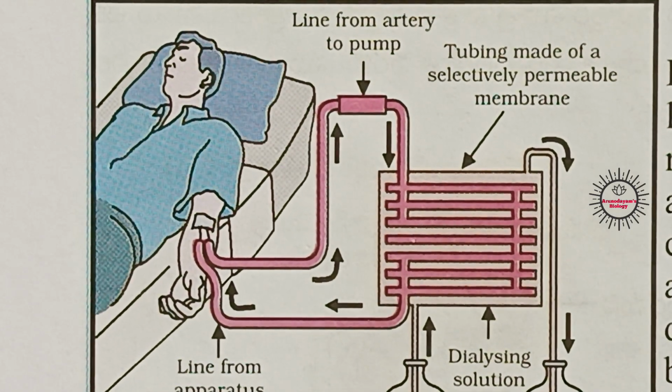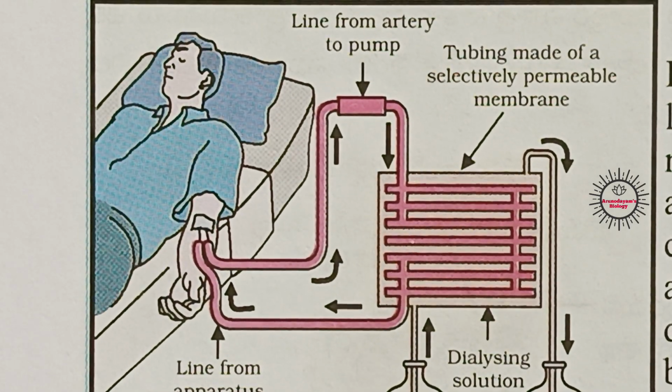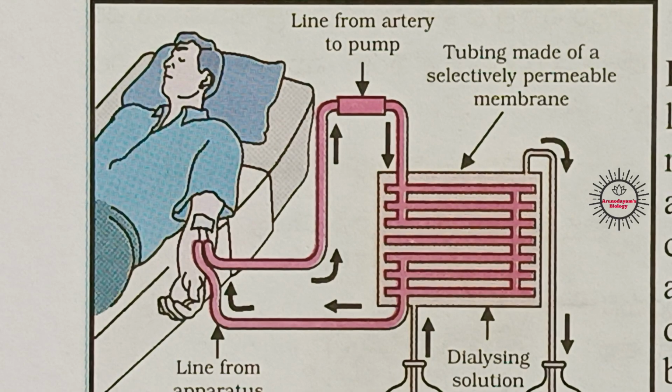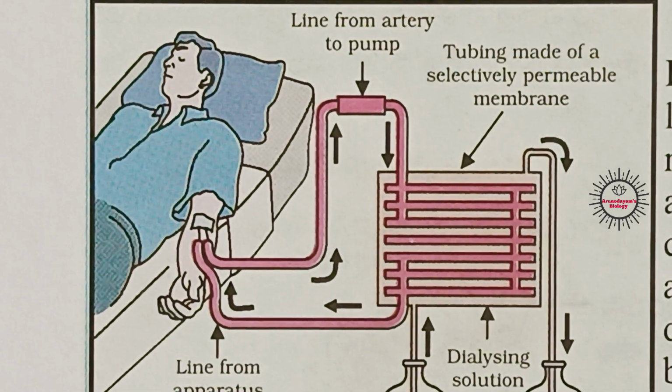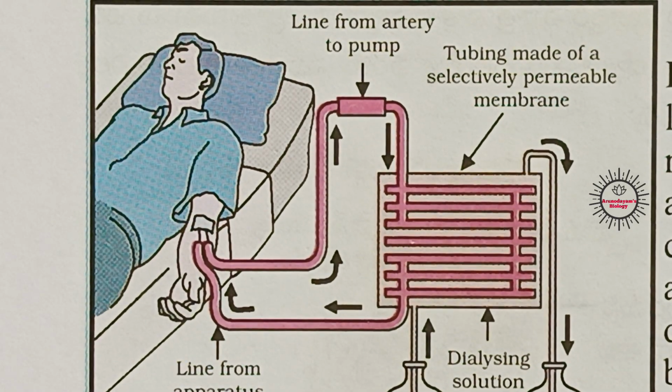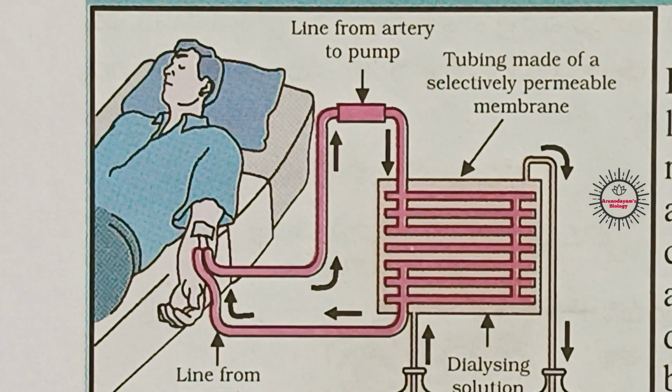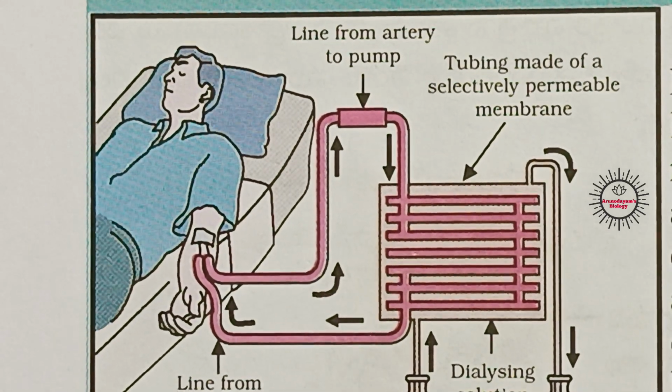Because of so many reasons like this, the activity of the kidneys gets reduced. During that situation, nitrogenous waste materials will not get removed from our body, because the kidneys are becoming functionless.